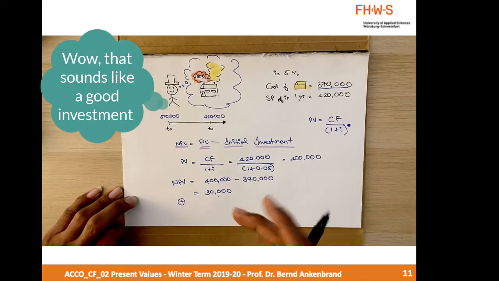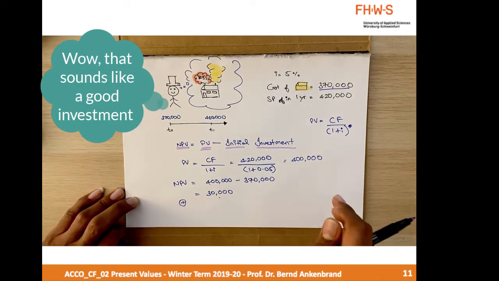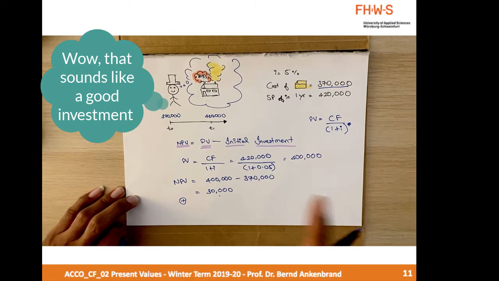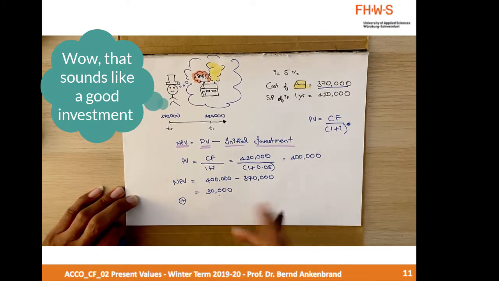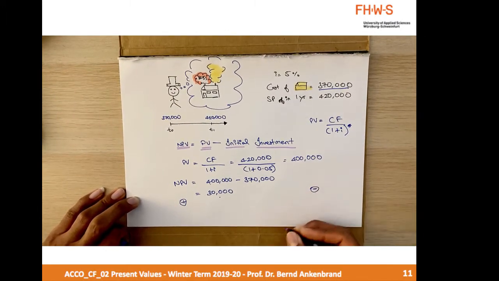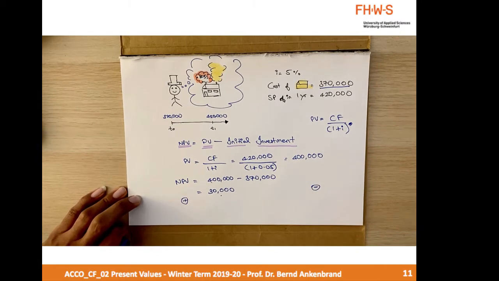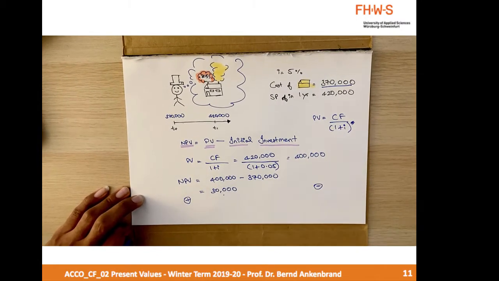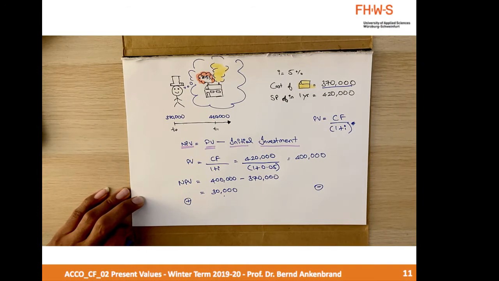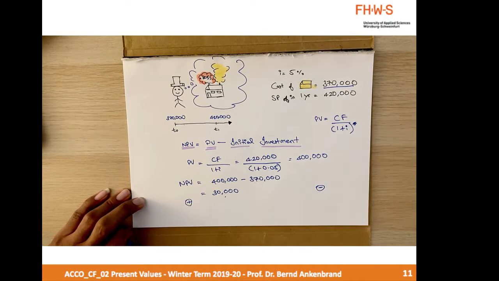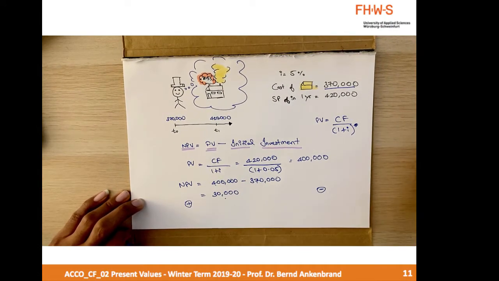That's the first point. Second point, he makes 30,000 more if he sells the building in 1 year. Now, let's say when you calculate this you get a negative amount. That is not a good investment because you lose money if you sell the building in 1 year. But now, since he gets 30,000 more in 1 year, it is a positive investment.